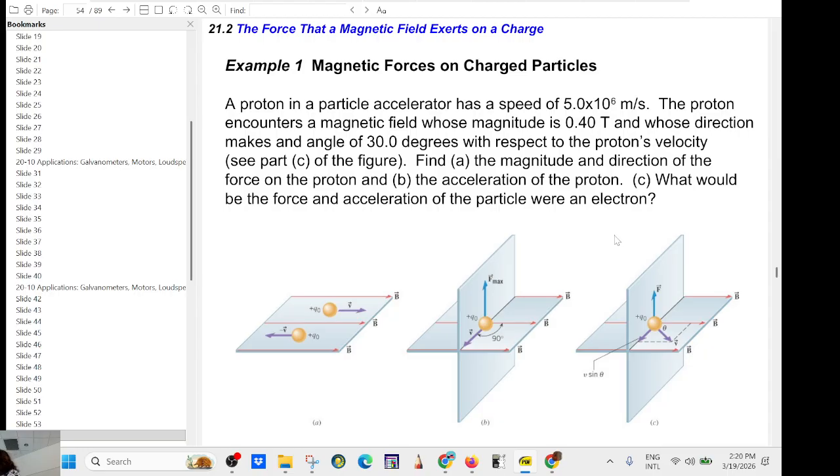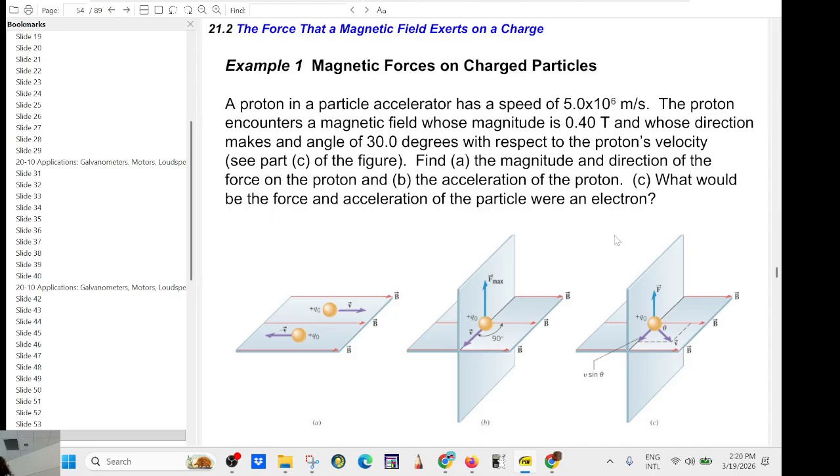Okay, so case number 1, they are parallel to each other. So V is parallel to B. In that case, what's going to be the magnetic force? 0. Okay. If there is no charge, magnetic force equals 0.